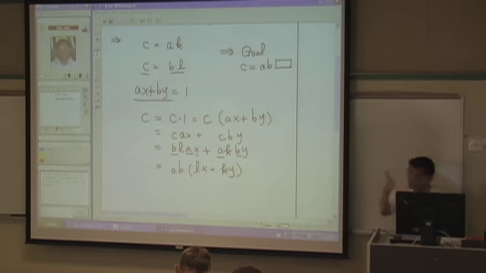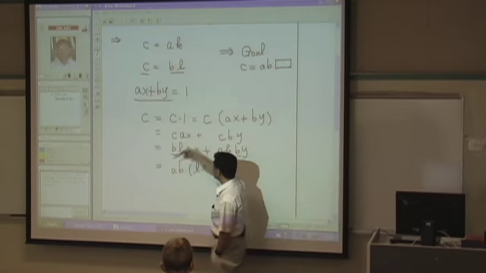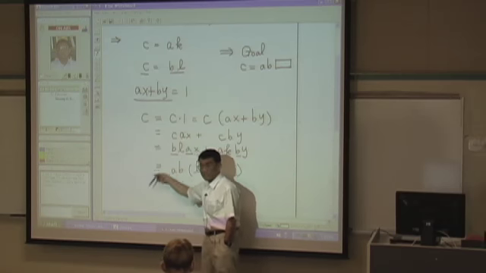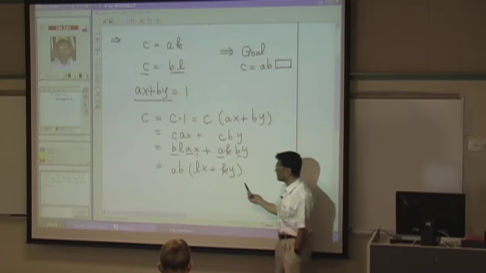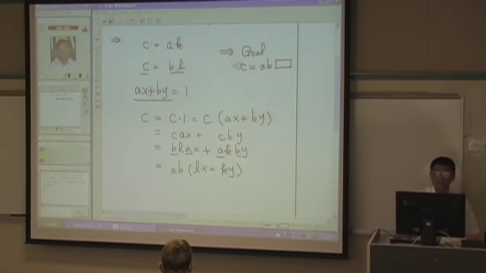All the involved letters are integers. So I showed that C is equal to AB multiplied by some integer, right? Integer plus integer, so integer. So because of this reason, we can say that AB divides C.